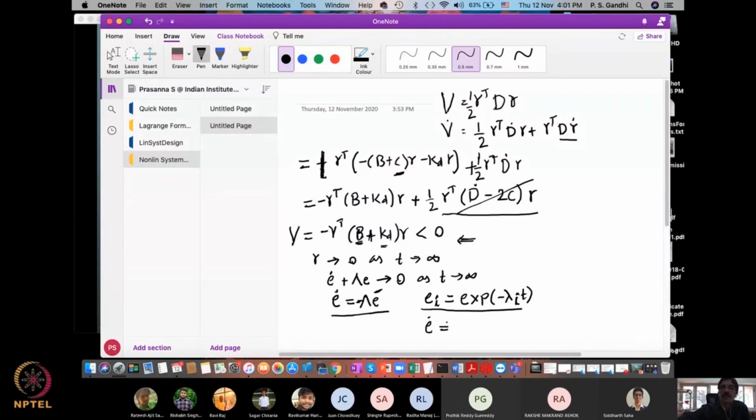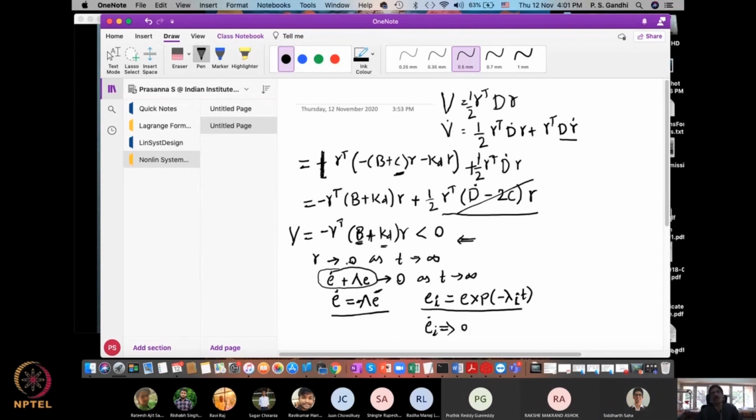One can see this directly from here also: if r tends to 0 and e is tending to 0, then e dot also will tend to 0 from the definition of r.